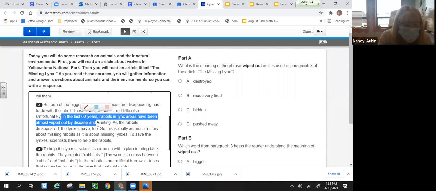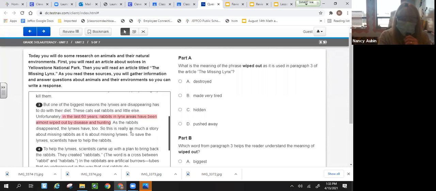In the last 60 years, rabbits in lynx areas have been almost destroyed by disease and hunting. Would that work? Yes or no? Sure. In the last 60 years, rabbits in lynx areas have been made very tired by disease and hunting.